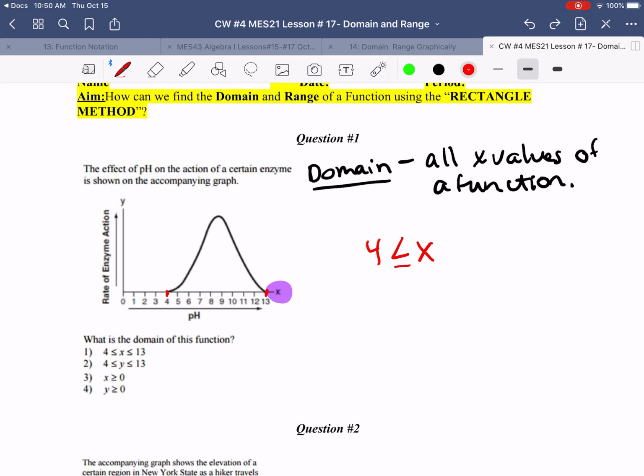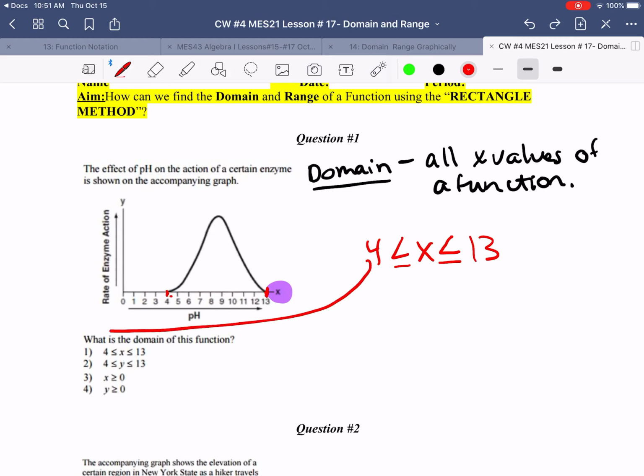So what else do we know? We see here that it stops at 13. So it doesn't go past 13. So all the x values are less than or equal to 13. This means that the x values of this function are between 4 and 13. That's what this math sentence tells us.